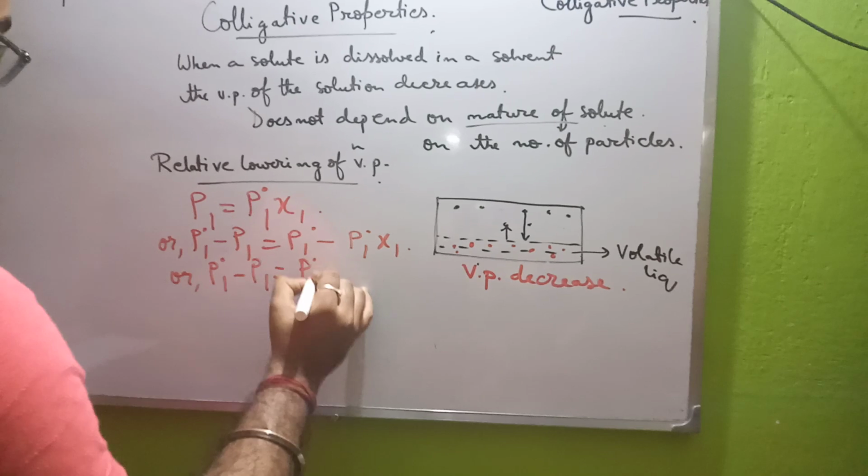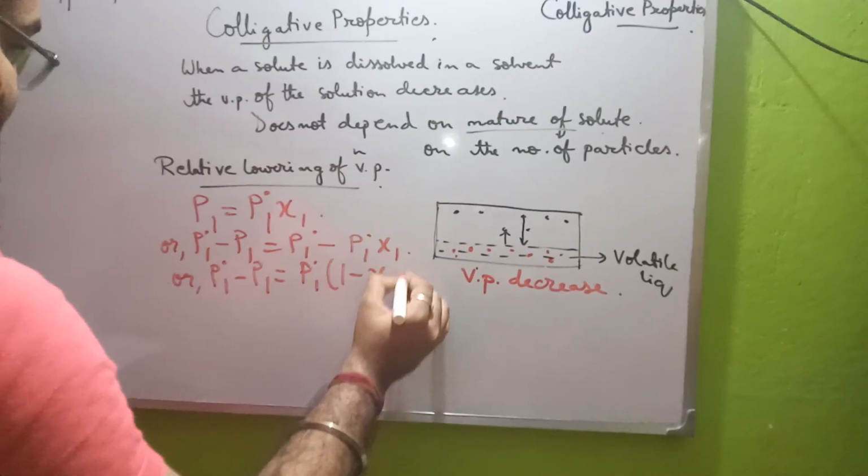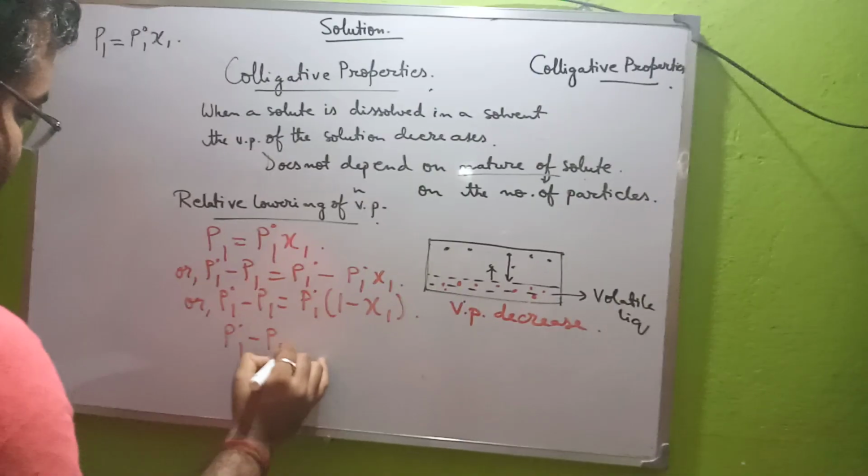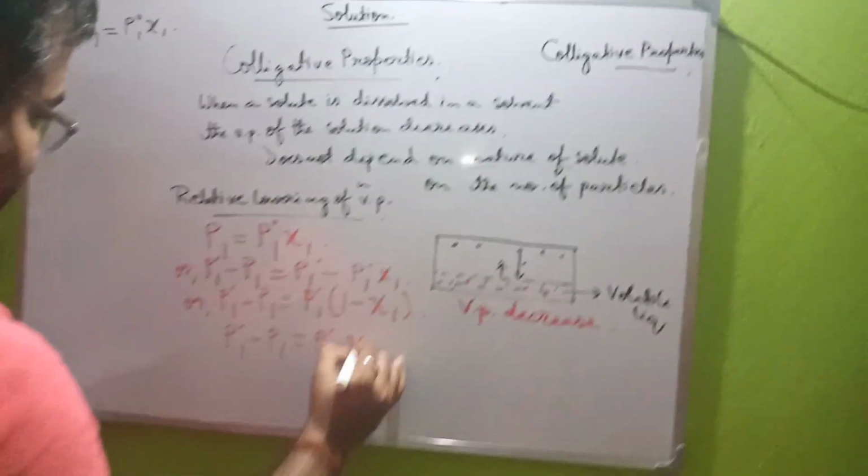If I take P1° common, it will be P1° minus P1 equals P1° (1 minus x1). Now P1° minus P1 equals P1° x2.